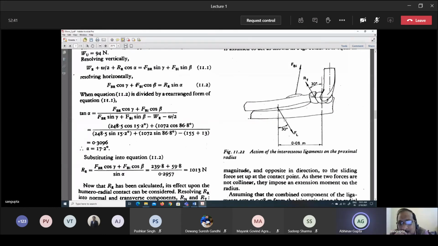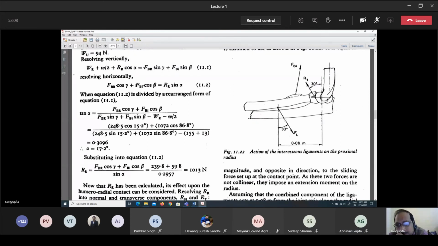But I think in case of extension, when the arm is fully extended, this angle will reduce. So if that angle is reduced, the component of the interosseous ligament will also reduce in the tangential direction. So that maybe means that with movement, the contribution of that ligament decreases.